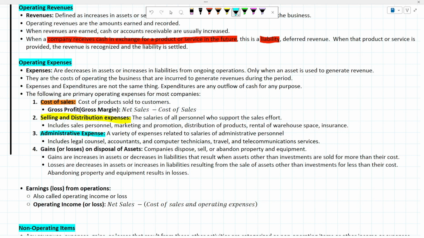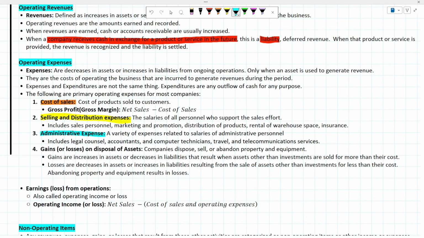So companies dispose, sell, or abandon property and equipment sometimes. Gains are increases in assets or decreases in liabilities that result when assets other than investments are sold for more than their cost. Losses are decreases in assets or increases in liabilities resulting from the sale of assets other than investments for less than their cost.